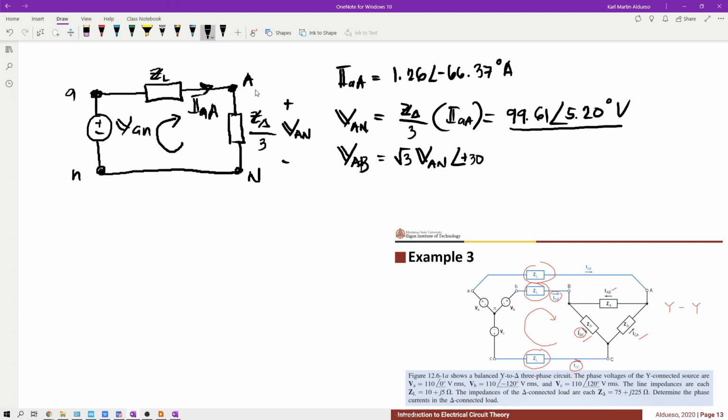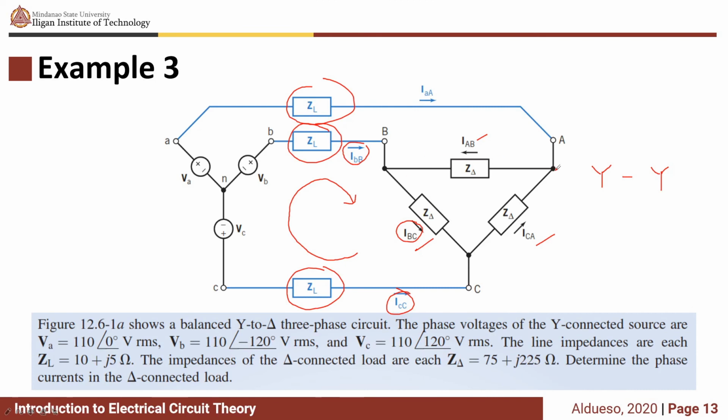So this is equivalent to 171.82 angle of 35.20 volts. So where is this VAB located? Looking at the figure, VAB is right here between two nodes.